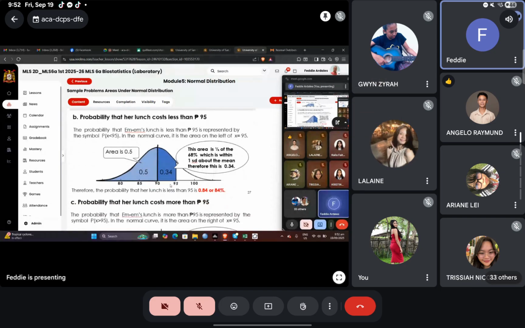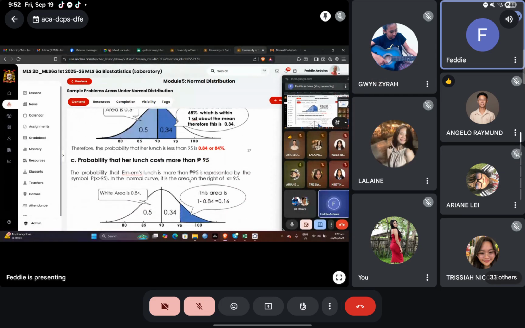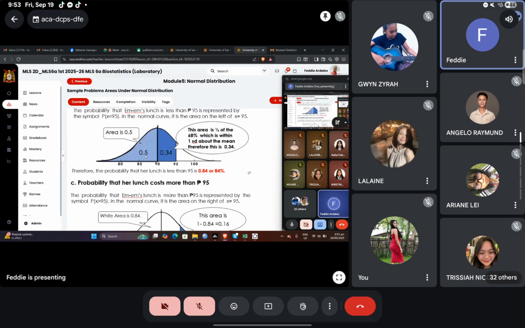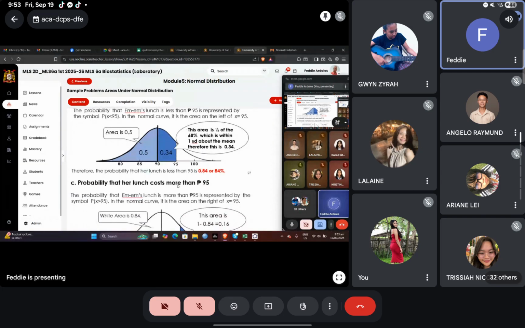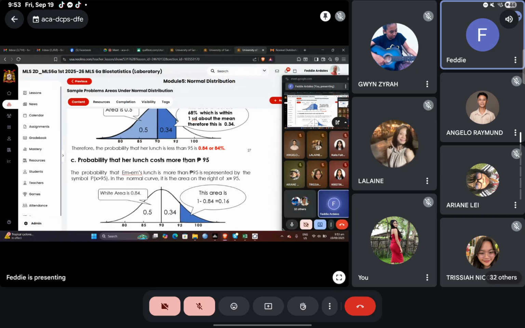Now, for her lunch cost more than 95. Going back to the previous example, less than 95 is approximately 0.84, and more than 95 represents the unshaded area of the above example. 0.84 is to the left of 95, and to the right of 95 is the region that represents her lunch costing more than 95.